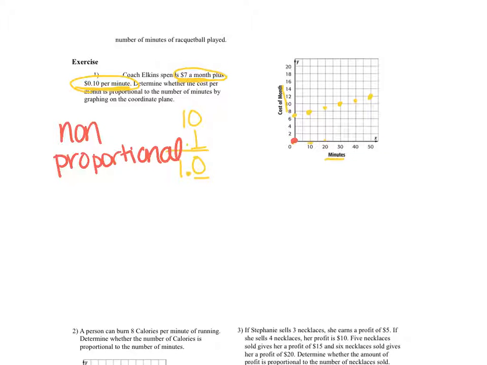If I were to write an equation, I would say the starting at 7 is that y-intercept. So you're going to start with plus 7. And then our 10 cents per minute, 0.10x, is going to be our slope, or our k. That should make sure that's all solved.